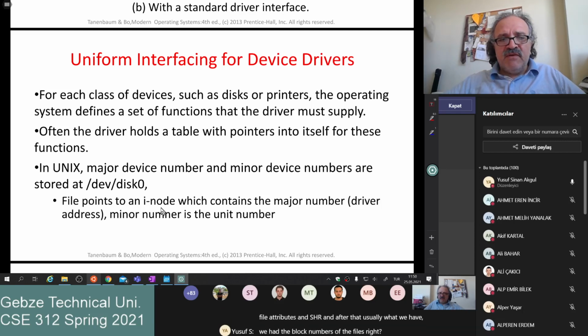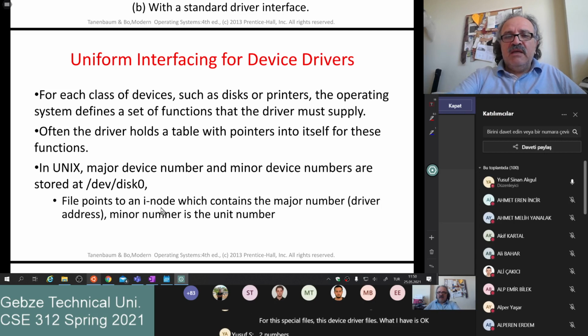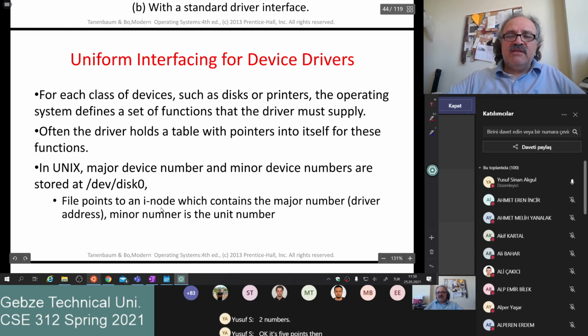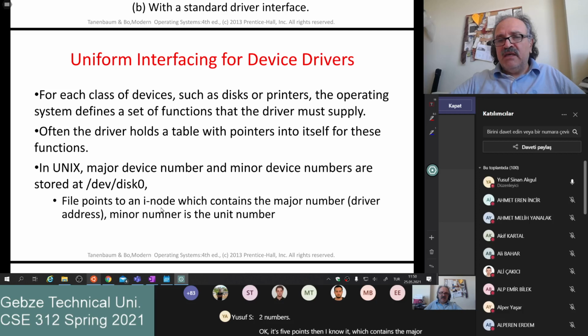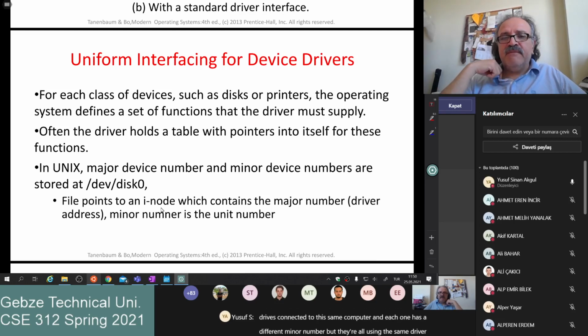For these special device driver files, what I have are two numbers: a major number and a minor number. The major number is the driver address of the device itself. The minor number is the unit number. For example, I may have many hard drives connected to the same computer, and each one has a different minor number, but they are all using the same driver. So this is how Unix structures these devices.